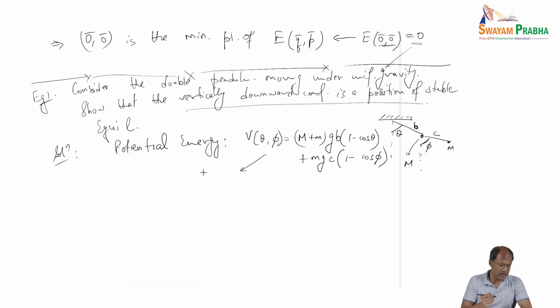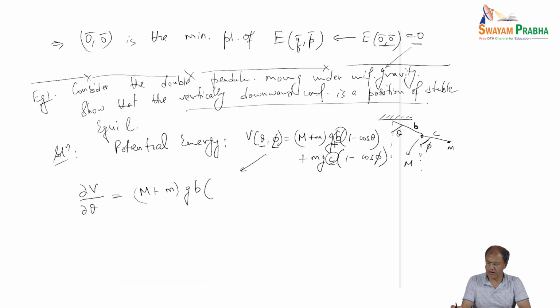We can write down the Hamilton's equations, or the Lagrange equations. For that all we need is the right hand side of the equations. We have two generalized coordinates, theta and phi. The right hand side boils down to dV d theta, which is small m plus capital M times g b.